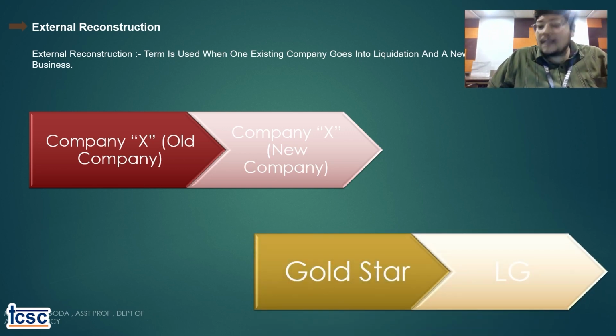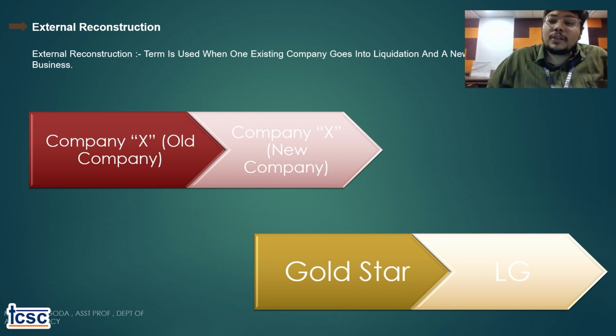I'll take an example of LG. LG was previously known as Gold Star, which is a Korean company. Gold Star was running its business in the Korean continent, but then they wanted to expand this brand. So they transferred this company to a new venture, a new company which was known as LG, which is Life's Good.